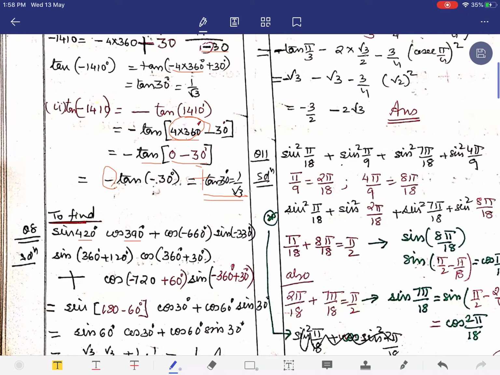Now cos of minus 660, we know that cos of minus theta is cos theta. So we can rewrite it, but I have continued with this negative sign. I have written it as a multiple of 360, that is minus 2 times 360 plus 60 degree, and here minus 330 is minus 360 plus 30 degree. So all the multiples of 360 reduce to 0.